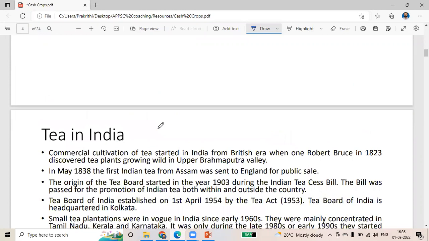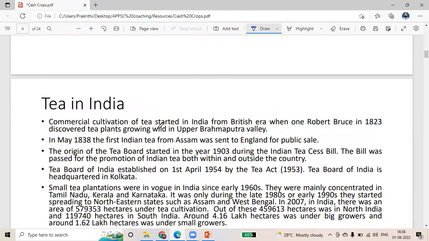So let's see how it has evolved. This tea as a commercial industry has evolved in India. Commercial cultivation of tea in India started during British time, when Robert Bruce in 1823 discovered tea plants growing wild in the Upper Brahmaputra Valley.